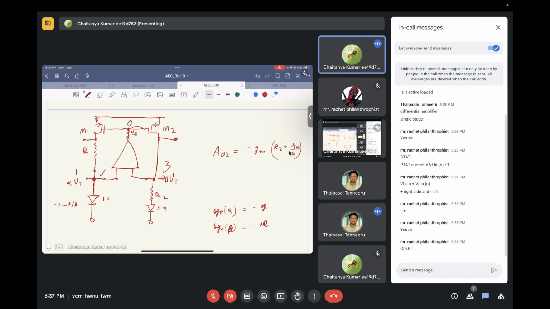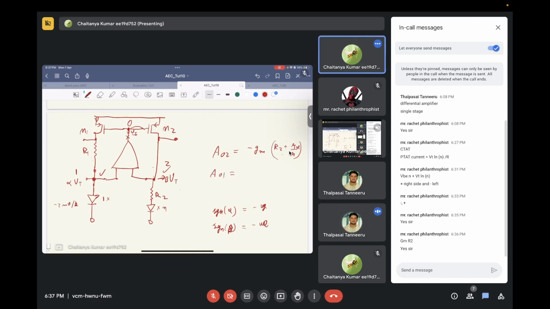What is AO1? Yes, sir. Minus gm and r. Okay, which is the smaller gain? Definitely AO2 is smaller. No, AO1, since N will increase, no sir.